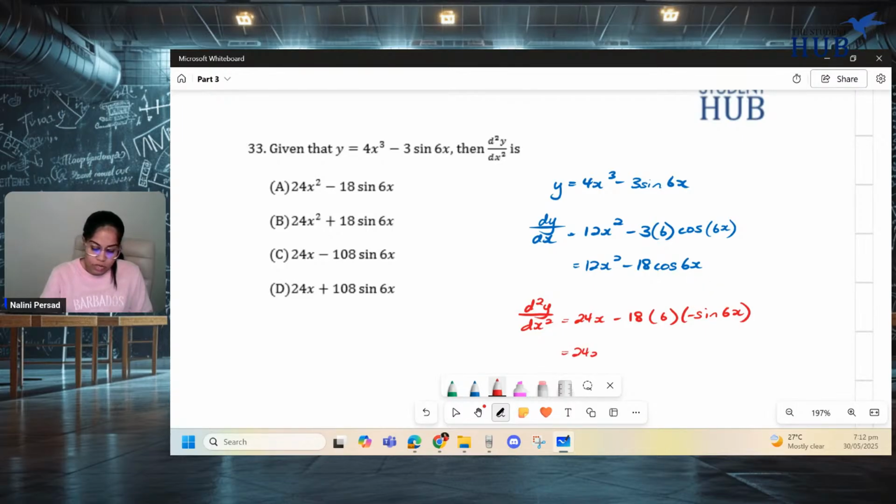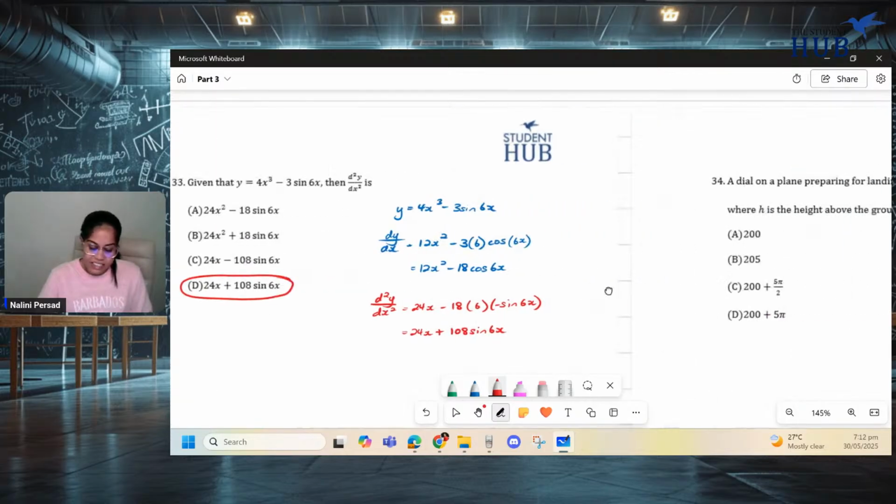So we have 24x, 18 by 6. Look at the answer choices. I think that's 108. A negative and a negative makes a positive. So positive 108 sine 6x. That's right. Option D is correct.